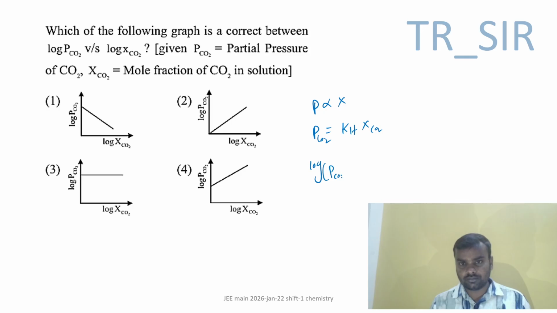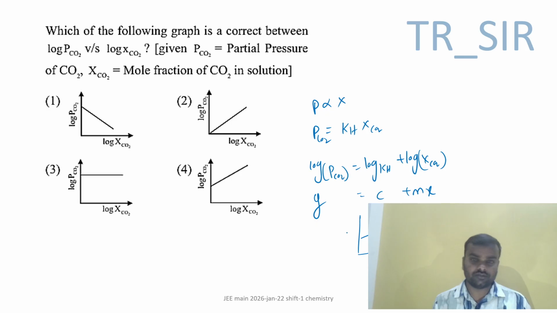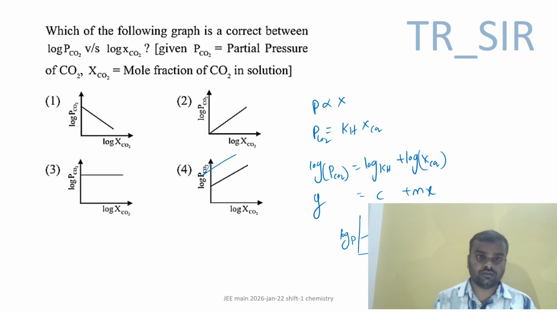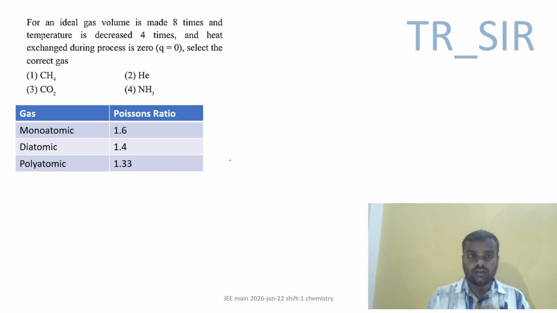Log PCO2 is equal to log kH plus log xCO2 we have. Okay. Now y is equal to c plus mx. So we'll be having the positive slope with intercept. So this will be log P and this will be log x. So option 4 is the right answer.